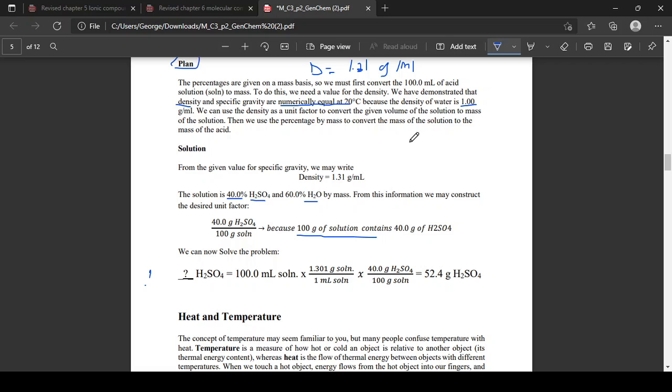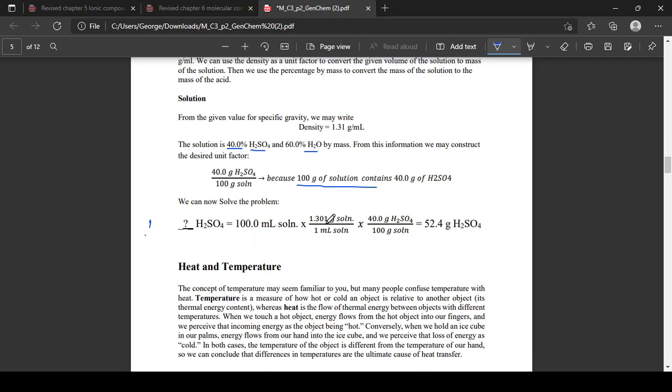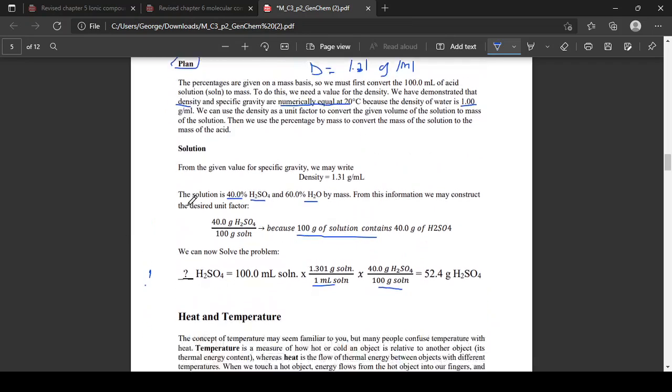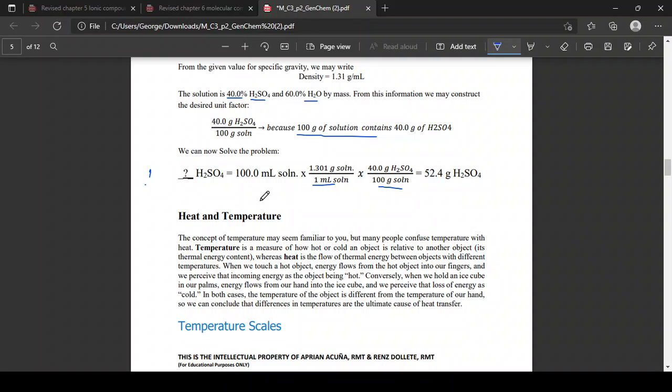Kids, ang aton nga density, 1.31 grams of your solution over 1 ml of your solution times 40 over 100, constant niya again, and this is constant. Now, we can now solve the problem. 100 times 1.31 times 40.